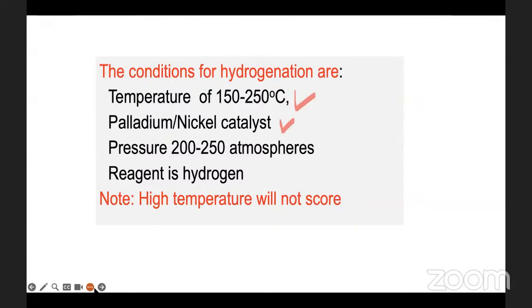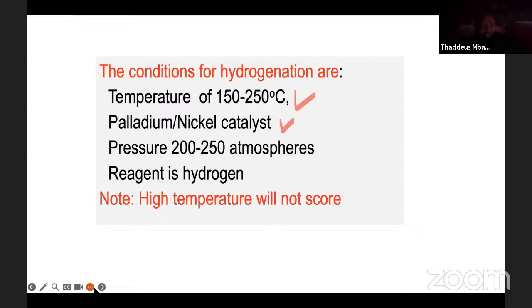Mortar and pestle. Name the solvent. The solvent used is propanol. Good.